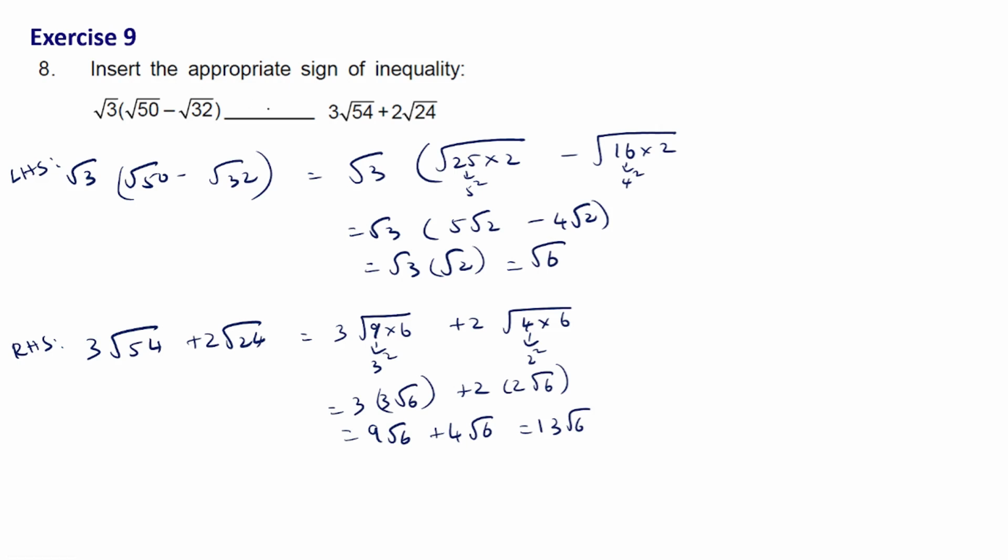So the appropriate sign of inequality is less than. This implies root 3 into root 50 minus root 32 is less than 3 root 54 plus 2 root 24.